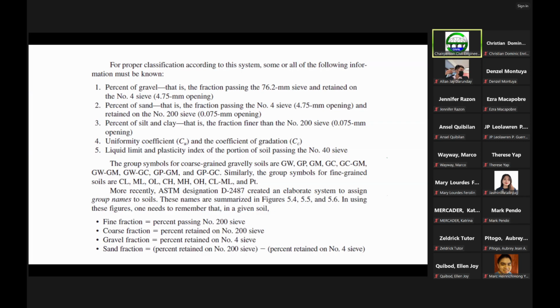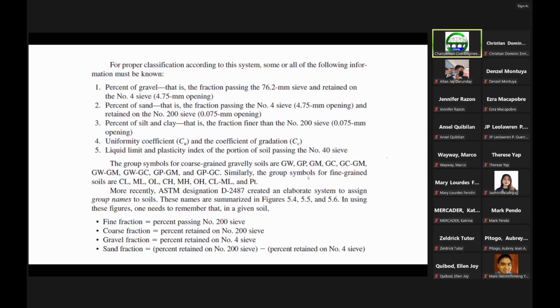So the group symbols for the coarse grain gravelly soils are this one here. I guess basically you already know the meaning of this. I hope by now you already know. Again, G is gravel, W is well graded, P is poorly graded, M means silt or silty, C means clay or clayey.